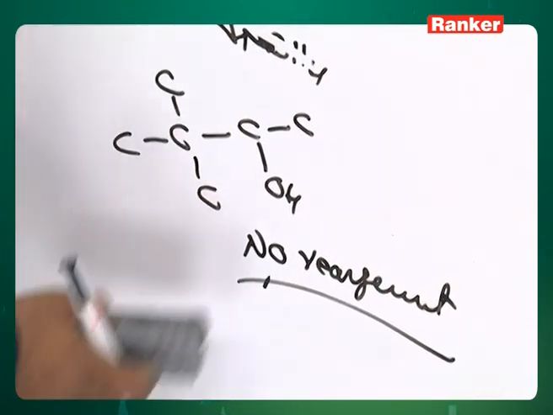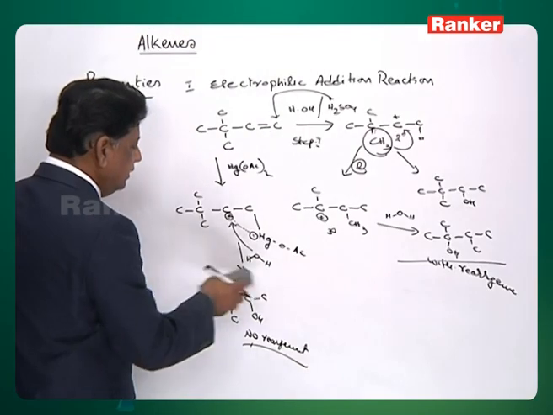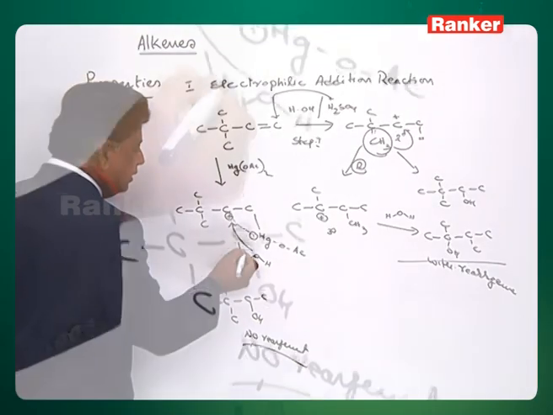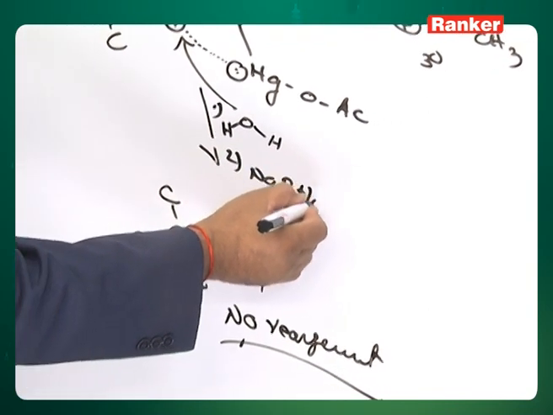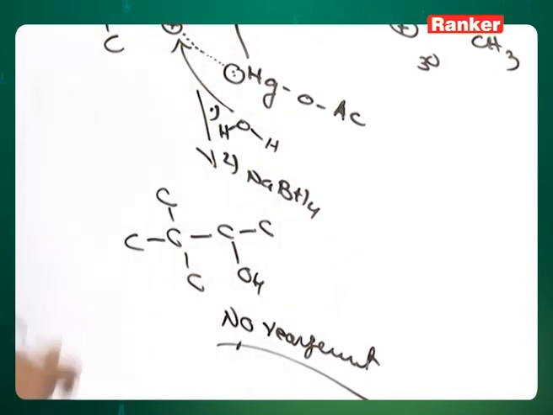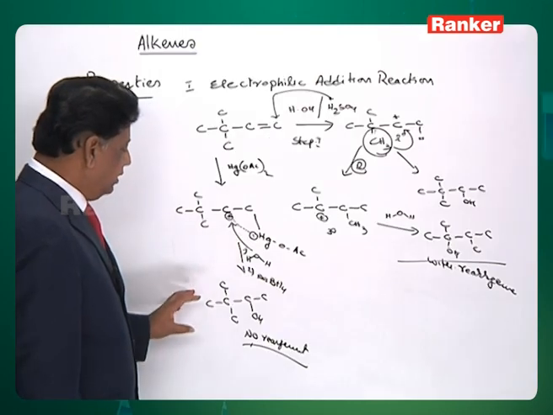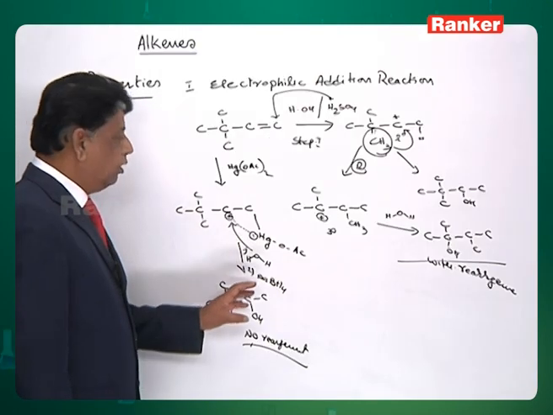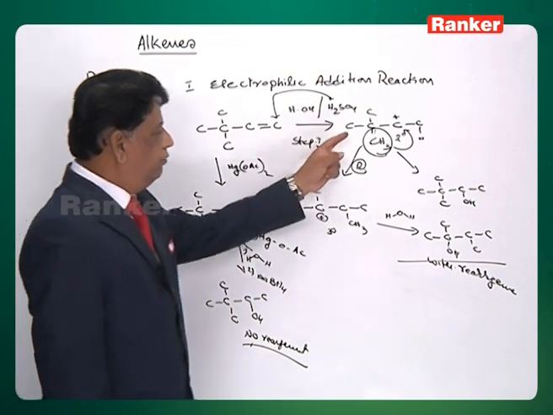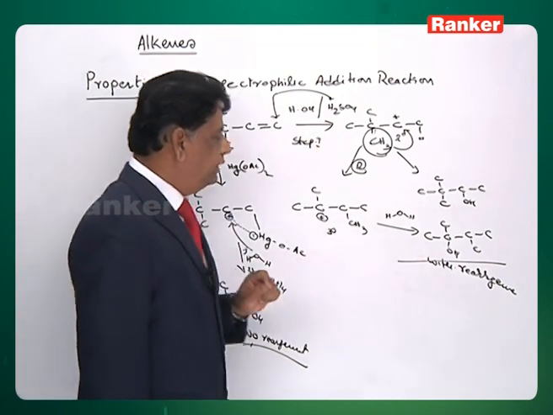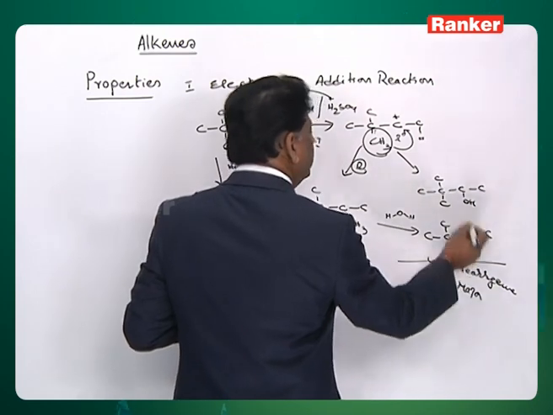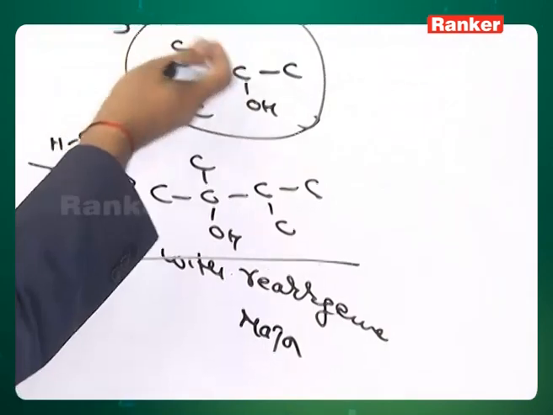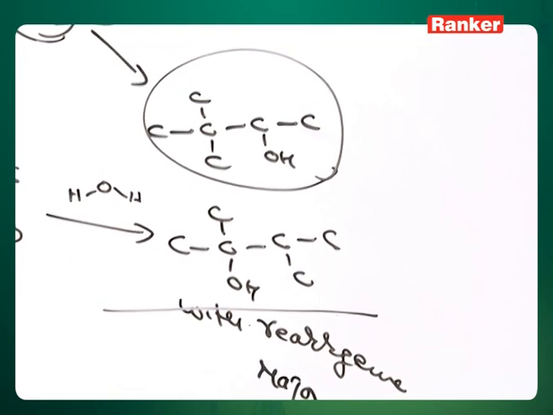So without rearrangement you will get this, okay. This is the addition of water followed by the sodium borohydride reduction, both taking place one after the other, then you will get this alcohol containing no rearrangement. If ordinarily you do, it always goes with rearrangement as the major product, and a small quantity may go to this one, but it is left to the chance of that molecule.